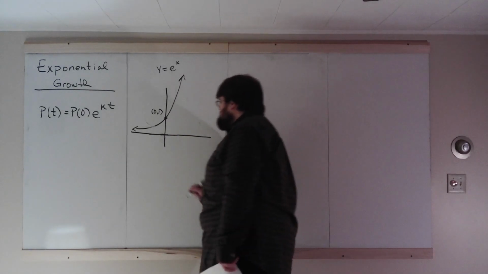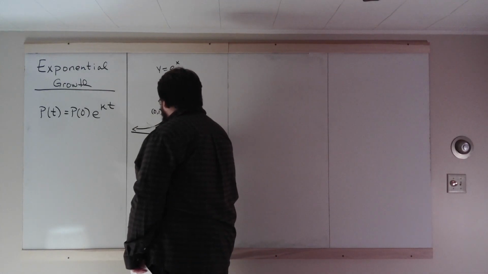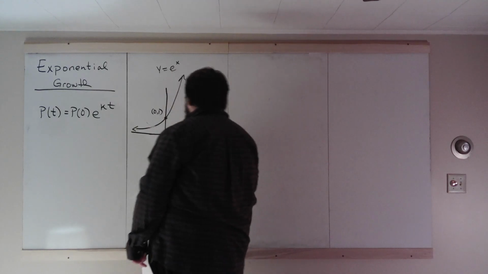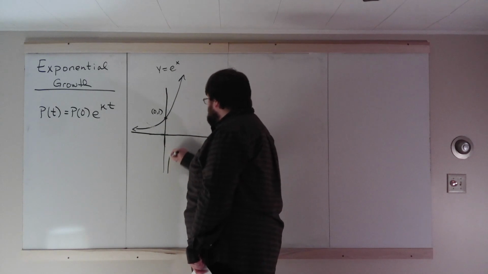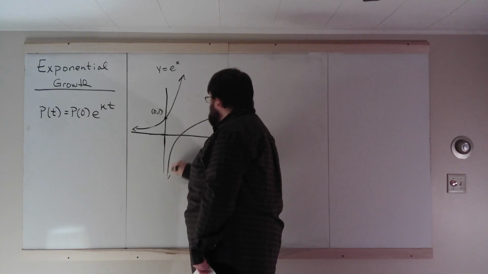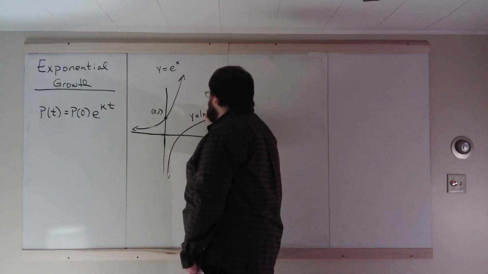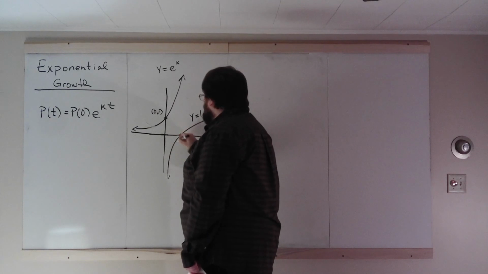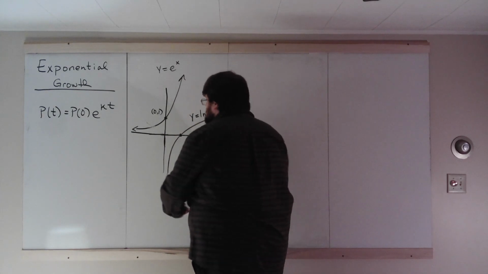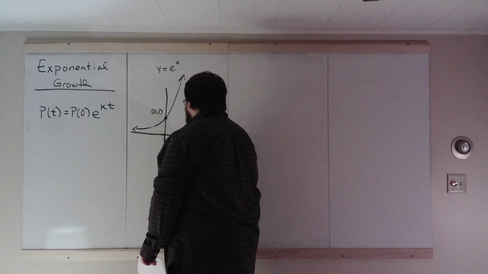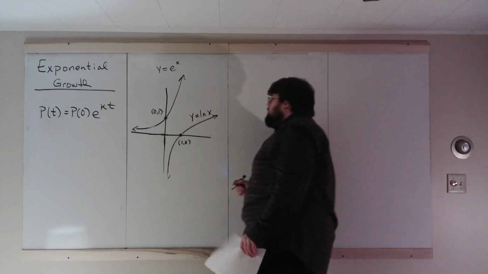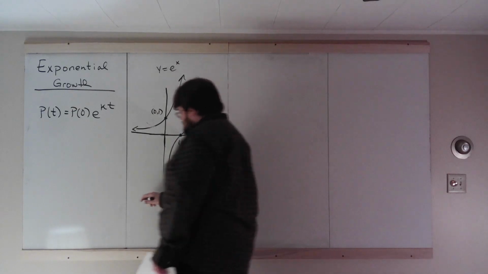What else? The inverse of the exponential function is this function, the logarithm function, the natural logarithm function. And remember how you get an inverse function. You flip it across the diagonal line y equals x, which means this point (0, 1) will go over to (1, 0).